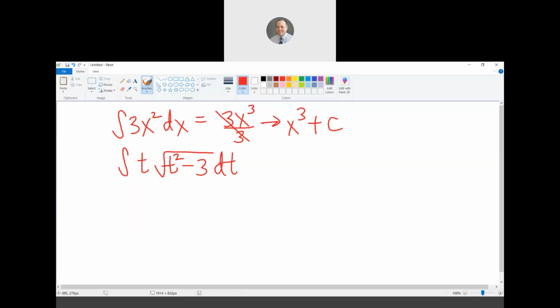So this is as good a time as any to introduce or reintroduce to you guys the substitution method. If finding the antiderivative by undoing the power rule is not available, then the next step is to try substitution.